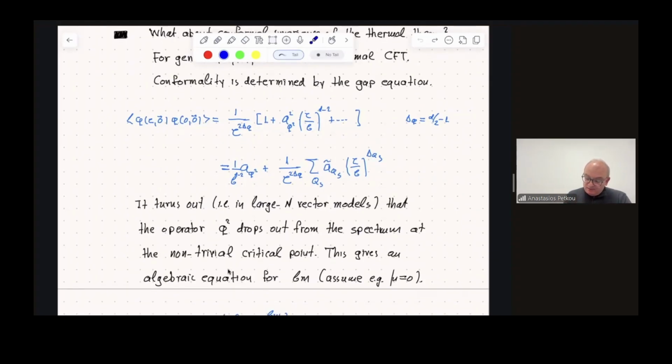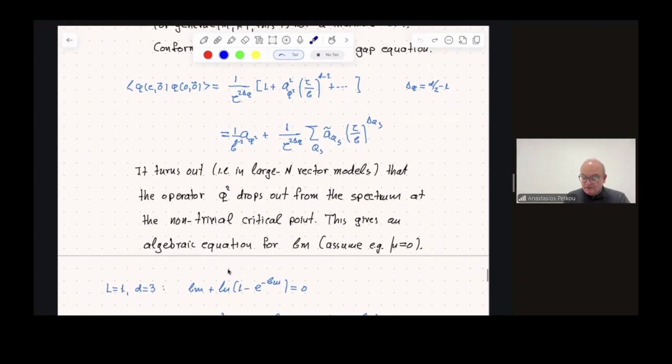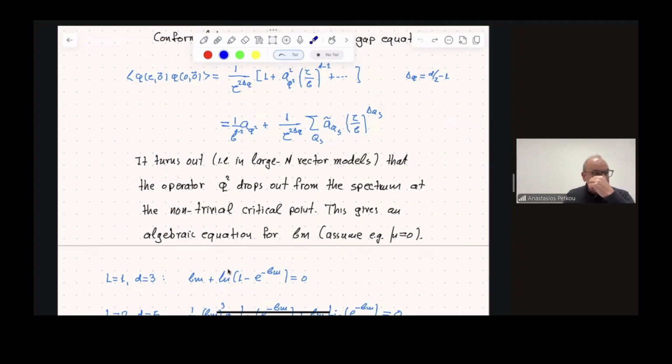For example, you can notice that the coefficient of the phi squared term, because its dimension did not change, since the dimension of phi squared is d minus 2, is t independent in the expansion. Everything else is t dependent. This one stands out, it's t independent. Now, what do you do with it?